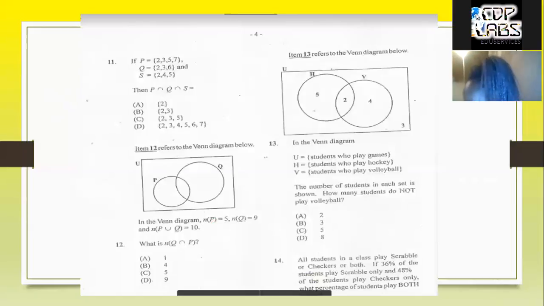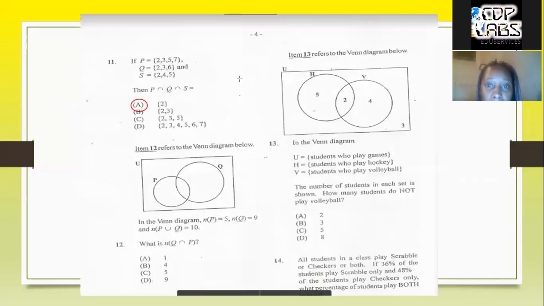Okay, why do you say a number? Because all of them are two. Exactly. So you jump to C. I don't know. A is the answer.